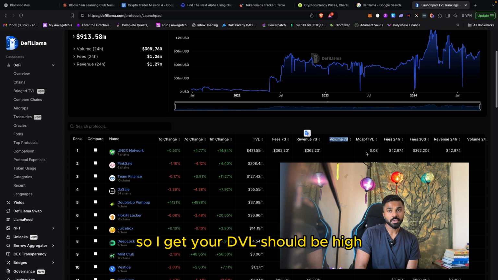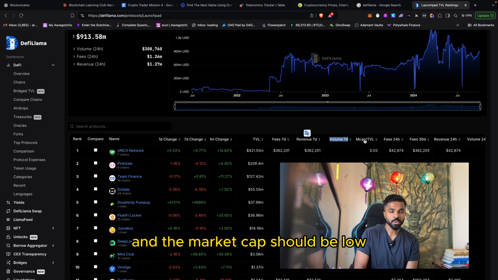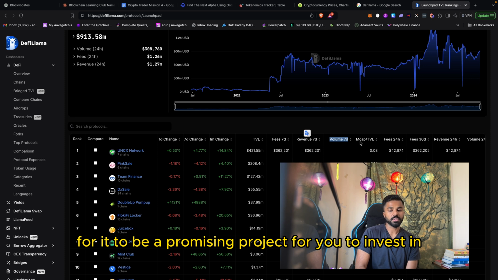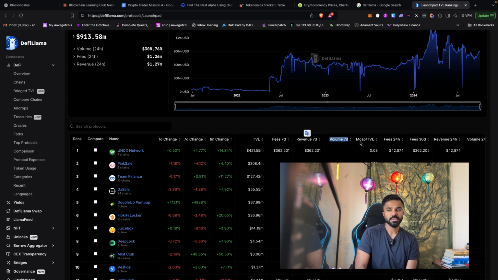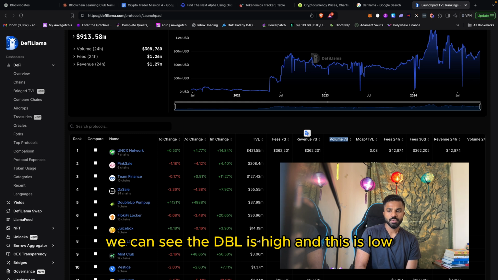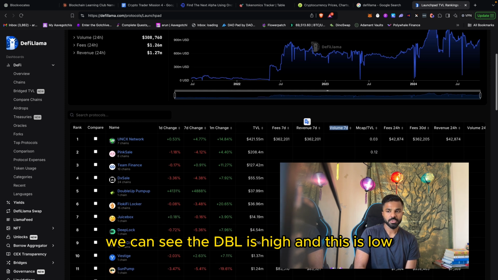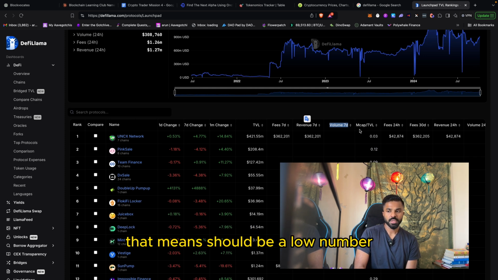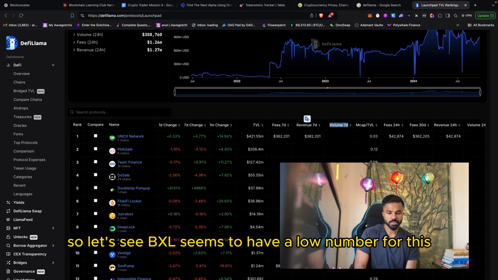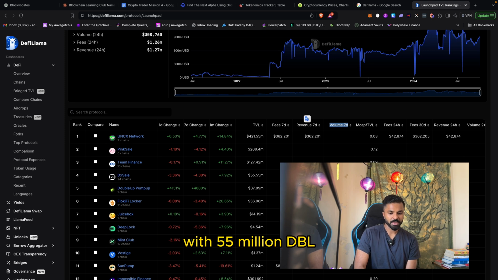So ideally your TVL should be high and the market cap should be low for it to be a promising project for you to invest in, right? So we can see the TVL is high and this is low. That means it should be a low number, right? So you can see DXL seems to have a low number for this with 55 million TVL.